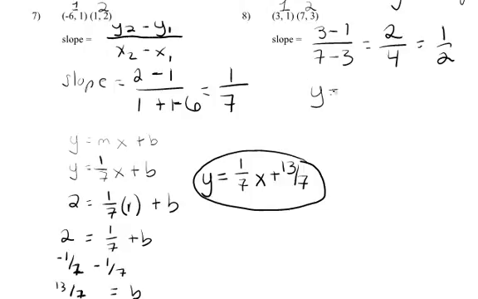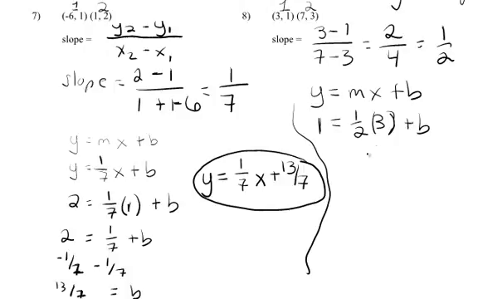And we have y equals mx plus b. We know that 1 is a y. We know that our slope is 1/2. We know that 3 is an x plus b. Okay.